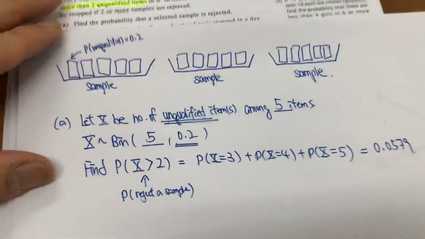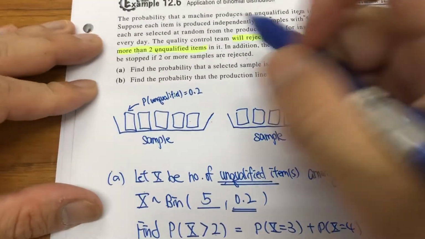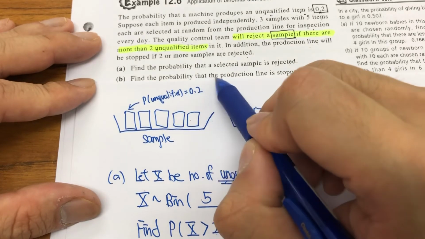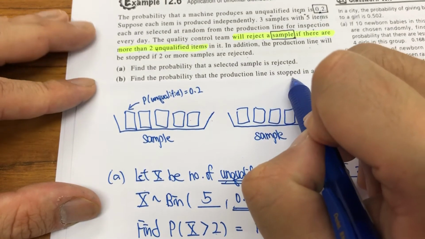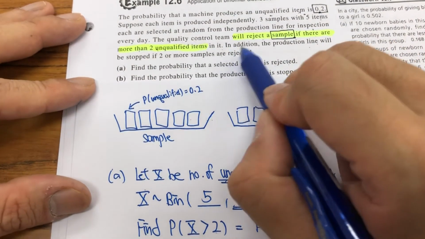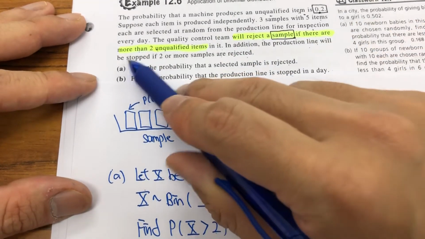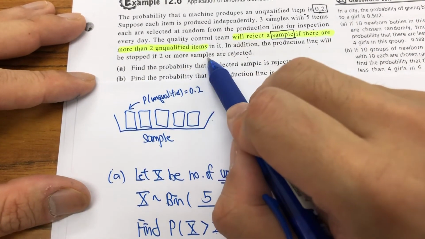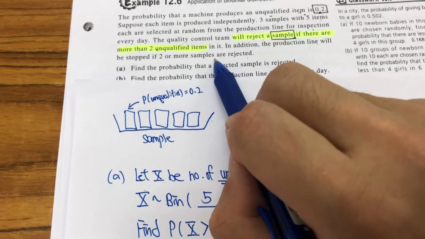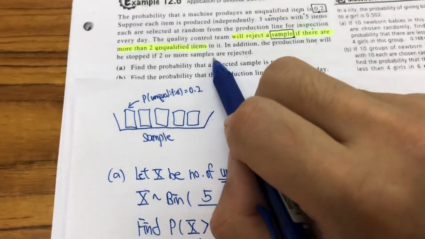Okay? And then part B, find the probability that the production line is stopped. When do we stop the production line? The production line will be stopped if 2 or more samples are rejected. How many samples are there? There are 3 samples.